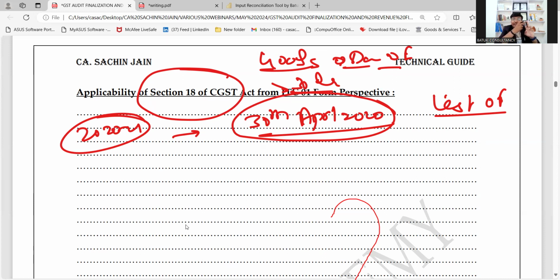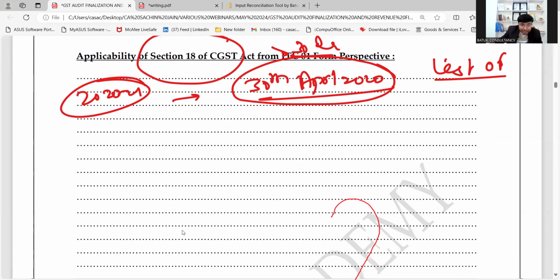This we need to do in case of new registration, in case of composition to regular, in case of regular to composition, in case of exempted to taxable, in case of taxable to exempted. In these scenarios, we have to check the ITC reversal and ITC claim very carefully.